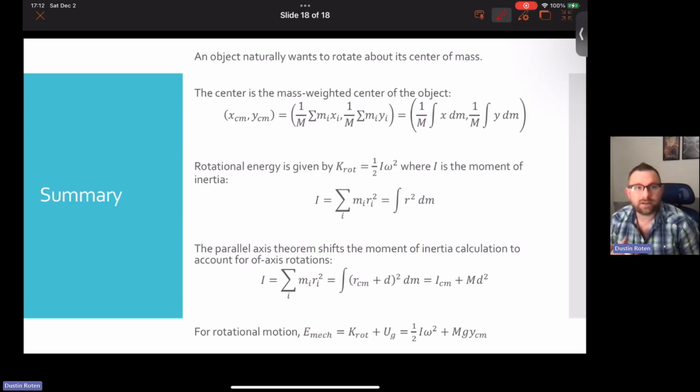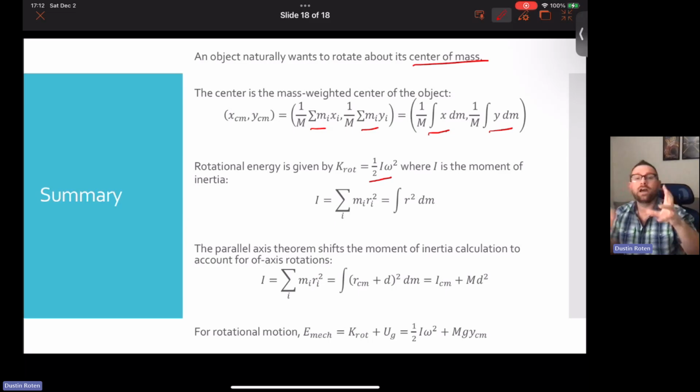So just a quick summary. Sorry, I went over by a little bit. My apologies. So an object naturally wants to rotate about its center of mass. The center of mass is a mass-weighted center of the object, so you can calculate it with some basic weighted average functions. If it's a nice continuous object, you can even turn those into integrals. So rotational energy is actually given by 1/2 I omega squared.